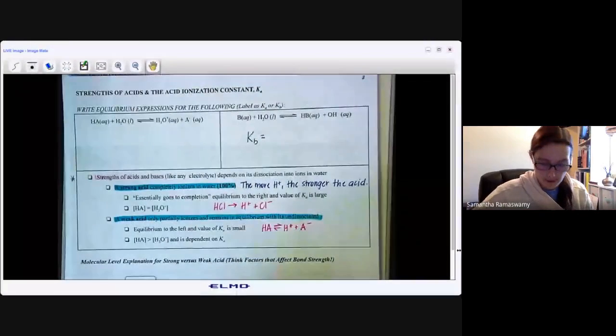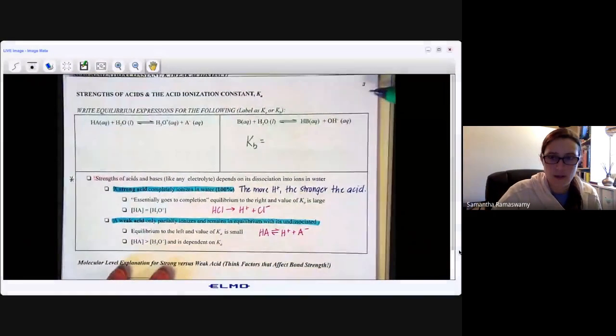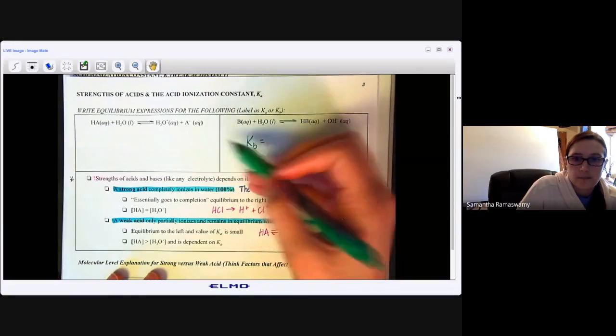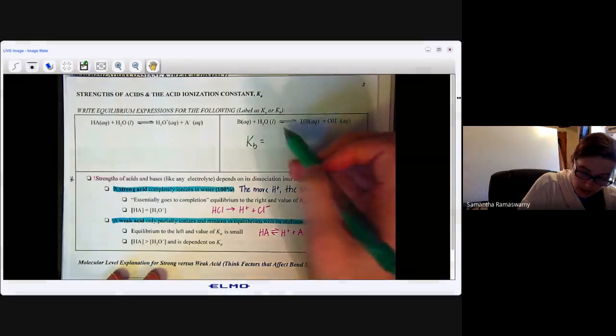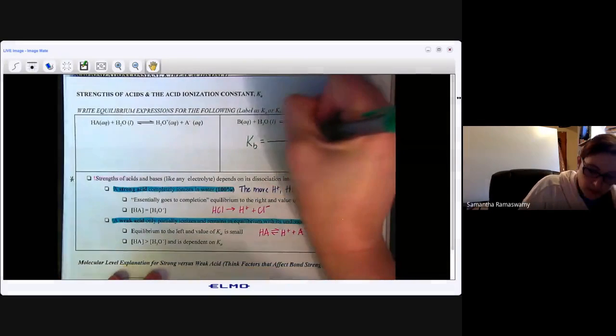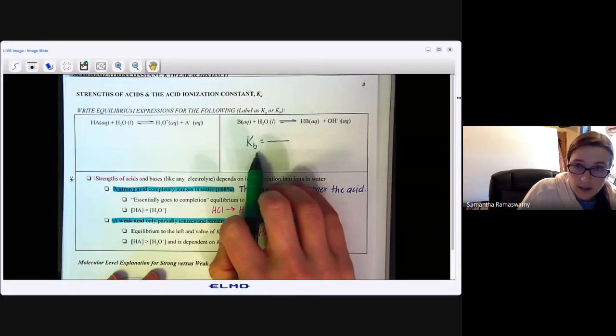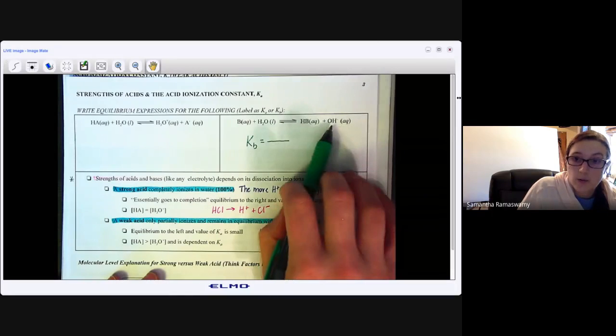So this is actually back onto page 3 when we were looking at the strong versus weak acid, but this shows equilibrium, right? Equilibrium expressions, which means these are weak. The difference between Ka and Kb is that this B means we're looking at a base, which means we're producing hydroxide.